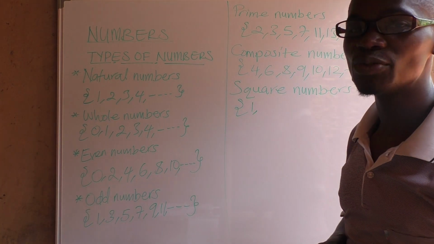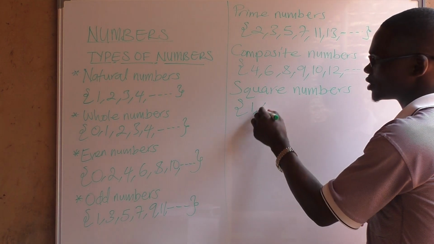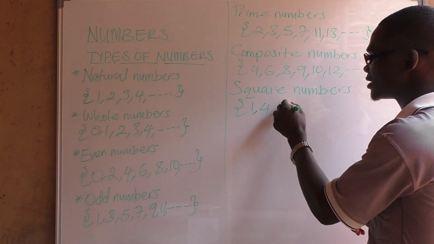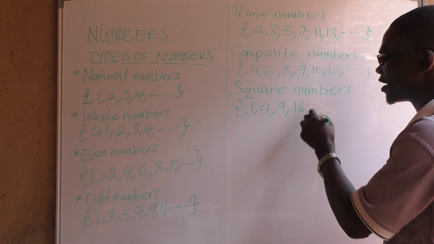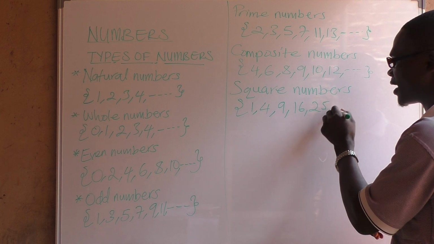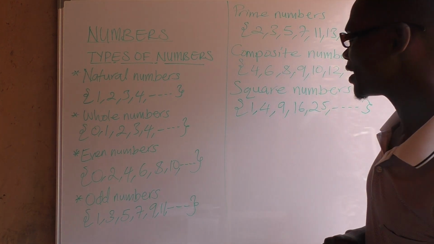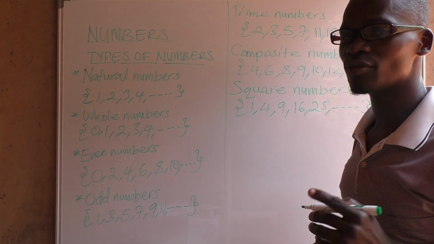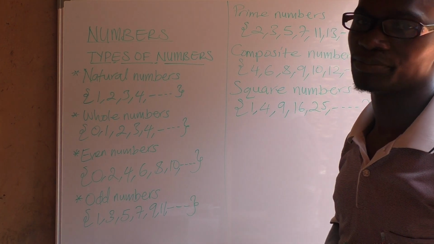When we multiply 2 by itself once, we get 2 times 2, which gives us 4. The same applies to 3, giving us 9. 4 gives us 16. 5 gives us 25, and so on. So, what we get after multiplying a number by itself once is what we call a square number.